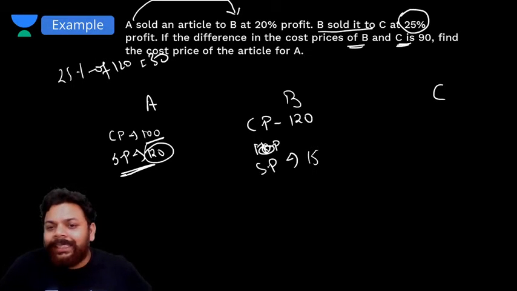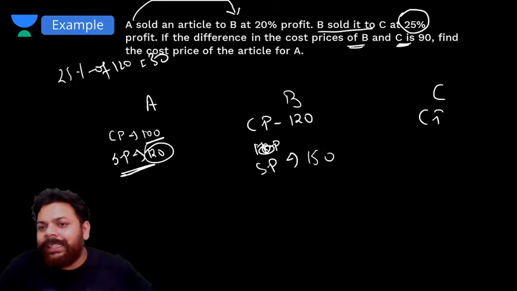So I can say that the selling price will be this one. So the cost price for C is 150.